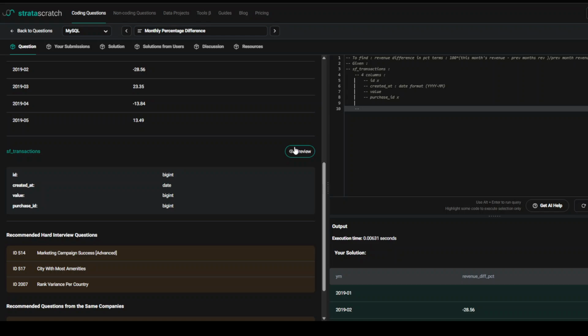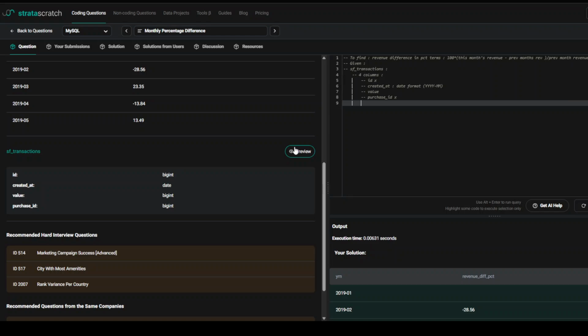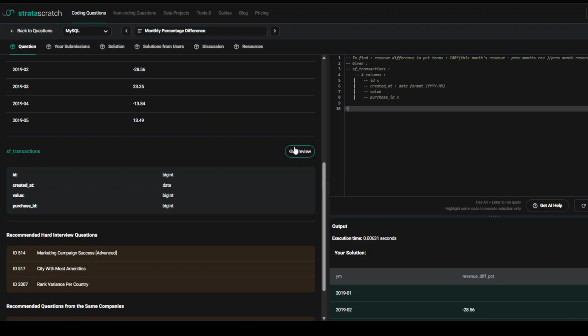So the pseudocode would be: we would first calculate the sum of the value grouped by the months in date format, year month.